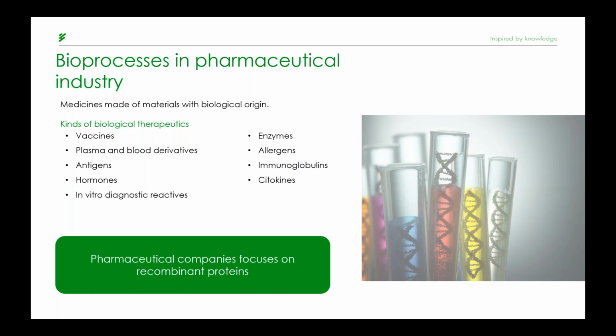This definition includes the vaccines, enzymes, plasma and blood derivatives, allergens, antigens, immunoglobulins, hormones, cytokines, and some diagnostic reactives. But the pharmaceutical companies focus especially on the drugs that they can produce on a large scale with the bioprocesses. These will be the recombinant proteins. Some examples of the most famous recombinant proteins are the monoclonal antibodies, hormones, or coagulation factors.